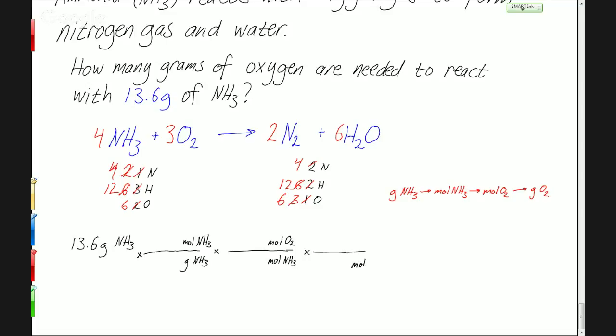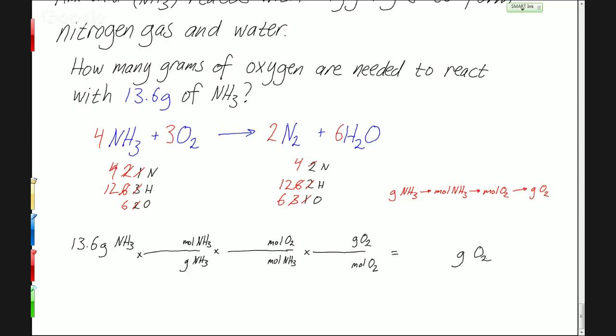And then we're going to find a way to go from moles of oxygen to grams of oxygen. That way, grams of ammonia cancels. I won't draw lines just yet, but grams of ammonia cancel, moles of ammonia cancel, moles of oxygen cancel, and we're left with grams of oxygen as our answer, which is what the question asks for. How many grams of oxygen are needed?